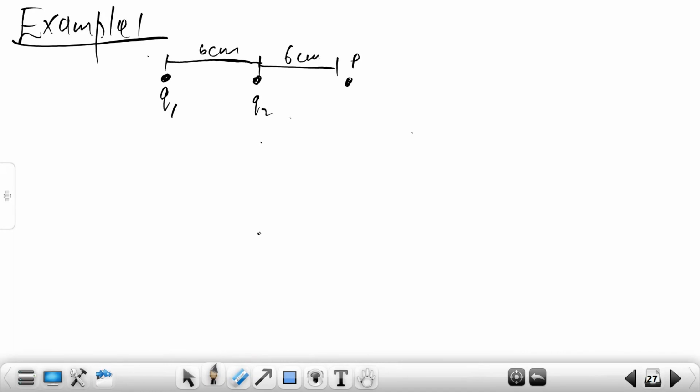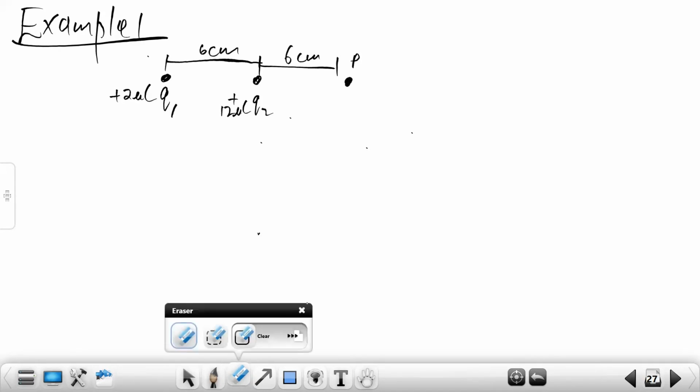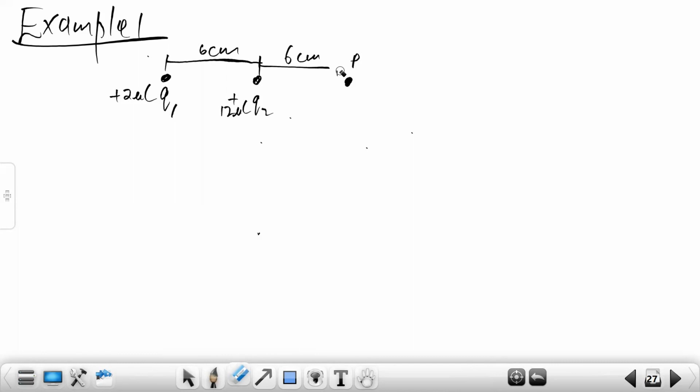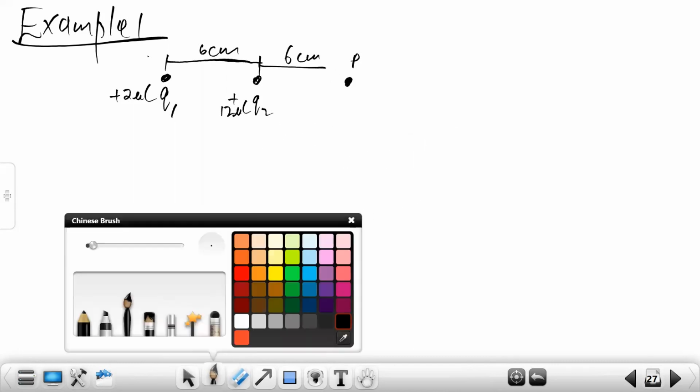I am given that this is plus 2 microcoulombs, and this is plus 12 microcoulombs, and P is just a positive point charge. So I want inputs from you guys.